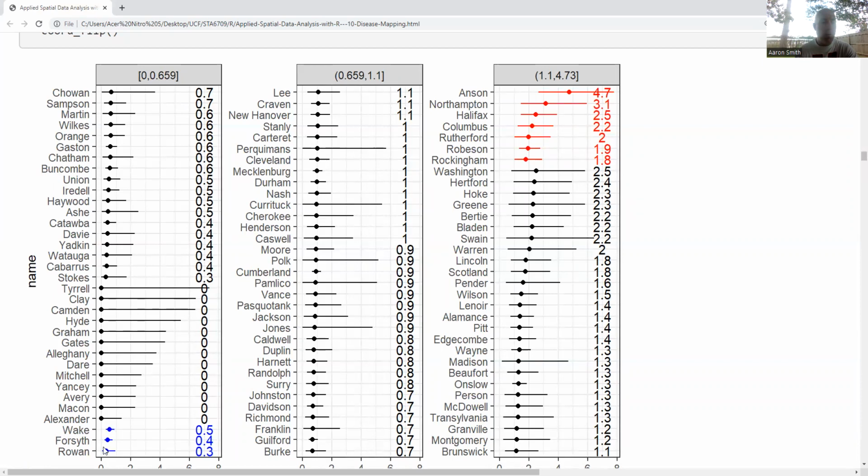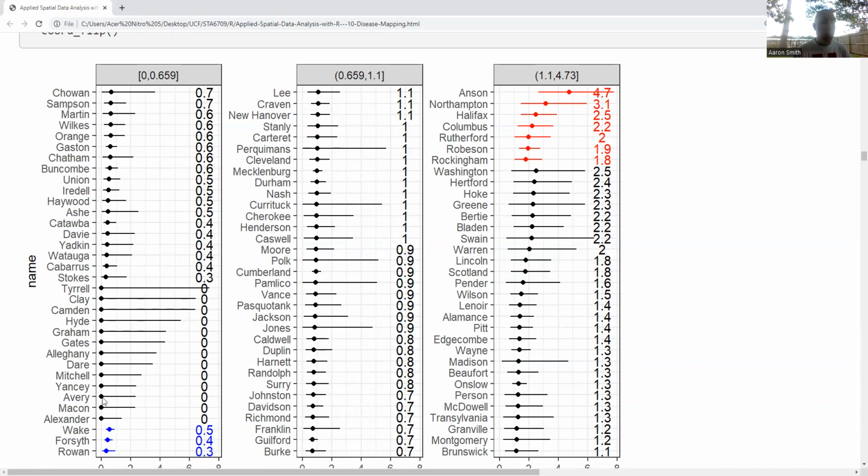These counties have their entire confidence interval lower than 1. These counties here, their entire confidence interval is greater than 1. And all the ones in black are the counties where the confidence interval includes 1. And so we can just kind of see what's going on.